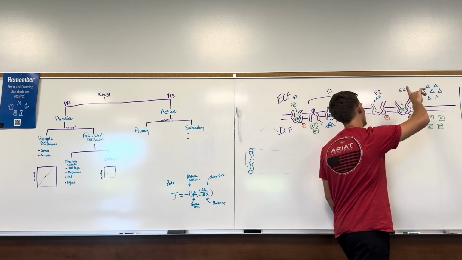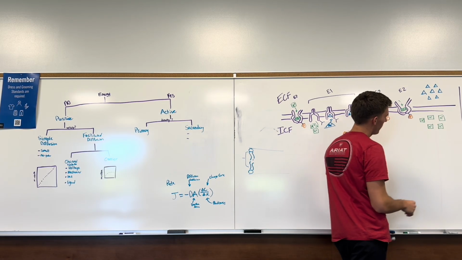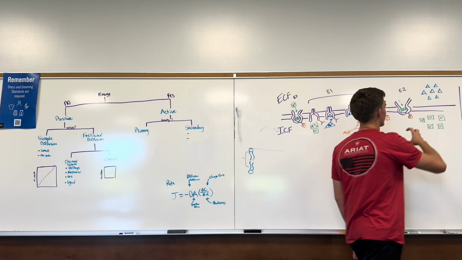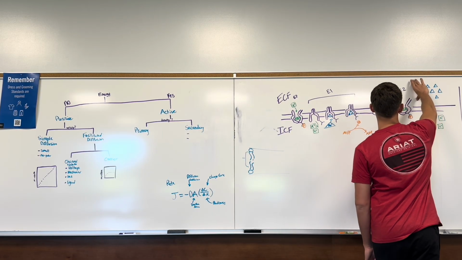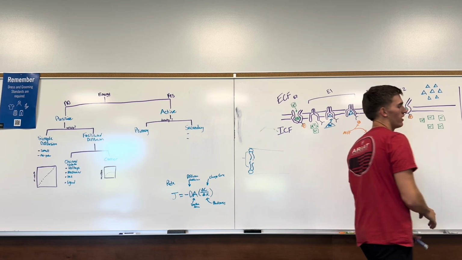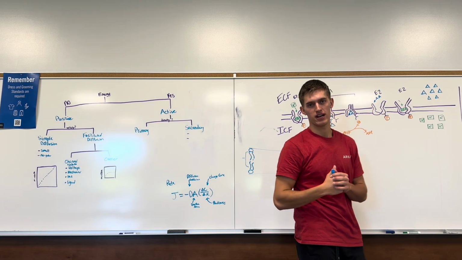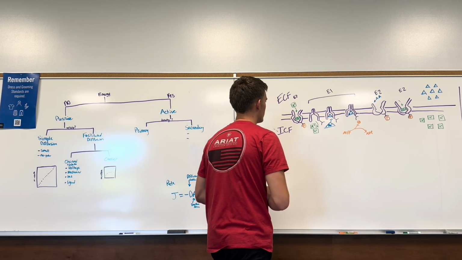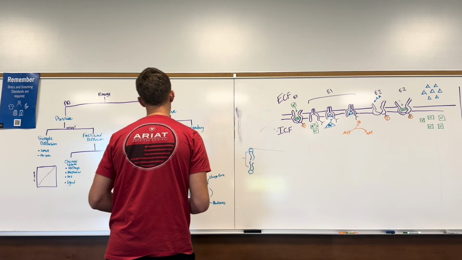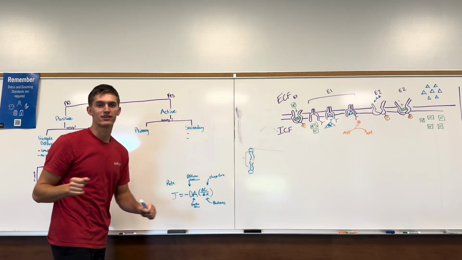The sodium comes out, the potassium comes in, and basically it can pump until there's a huge amount of sodium on this side and potassium on this side. So it can create a gradient. And so with that created gradient, that's how secondary transport works.